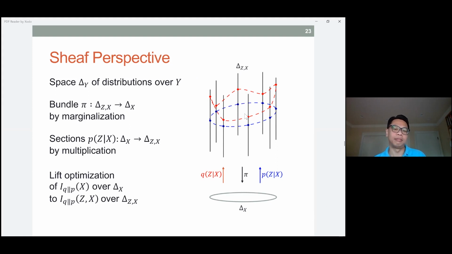Okay, so why am I so interested in this sheaf perspective? The reason is that if we talk about sheaves, we can talk about something called topos or type theory. And with this sheaf perspective and type theory, we can finally do logic on my statistical models.